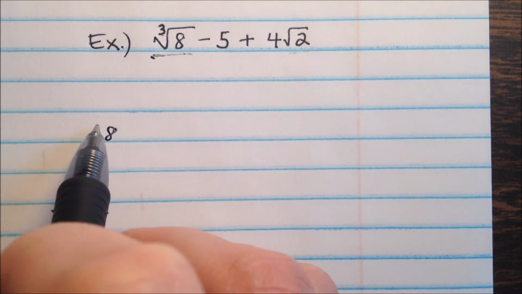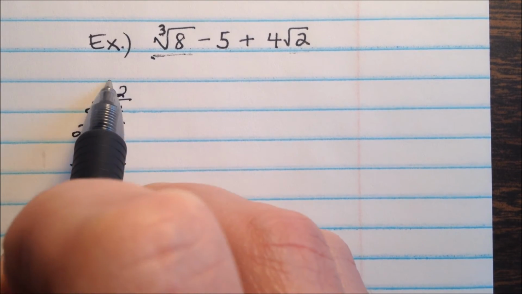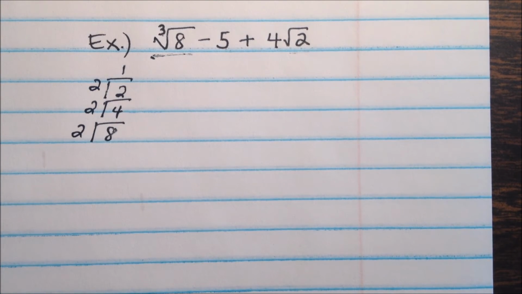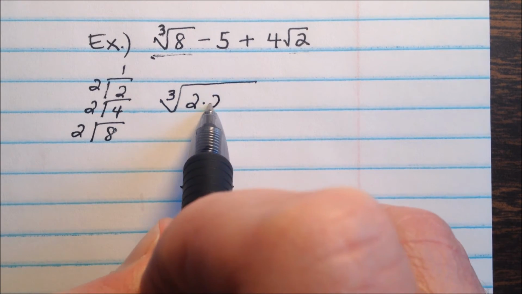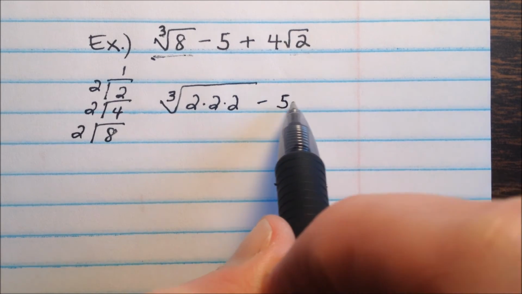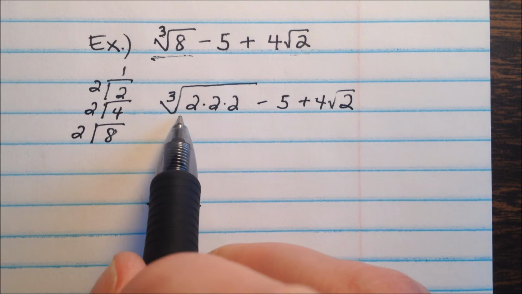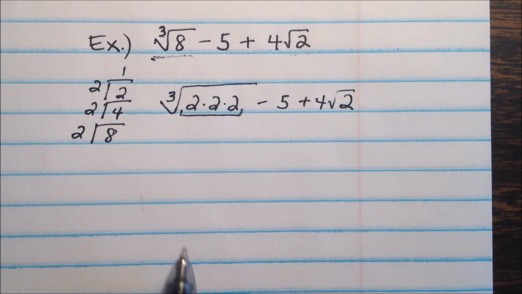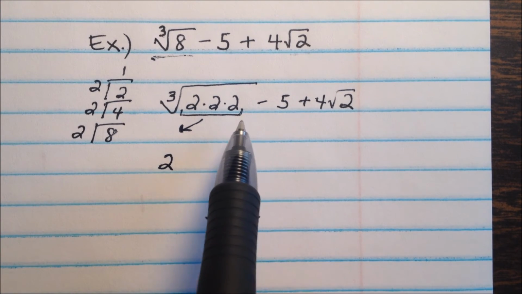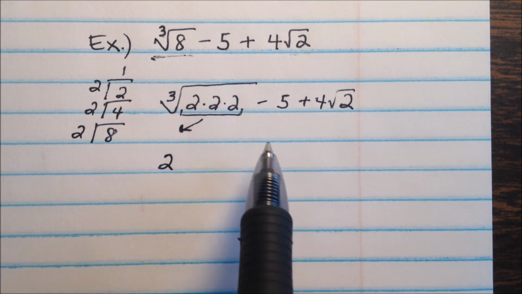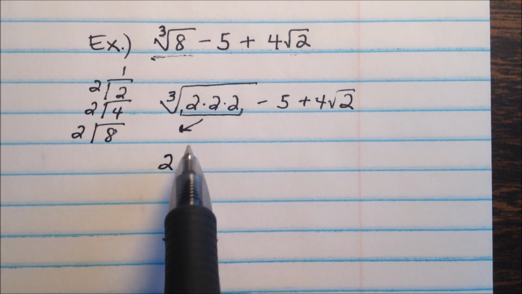So if I do 8 over here on the side, I'll divide out a 2, and I get 4, divide out another 2 to get 2, and divide out a final 2, I get 1. So I can rewrite this as the cubed root of 2 times 2 times 2, and then everything else just comes along for the ride. Okay, well if it's a cubed root, I'm looking for groups of 3, which, hey, there's a group of 3 2's, so those 3 2's will come out to make a 2 on the outside, and every number inside of this radical was part of this group, so there's no numbers left over, meaning there's no radical left over.